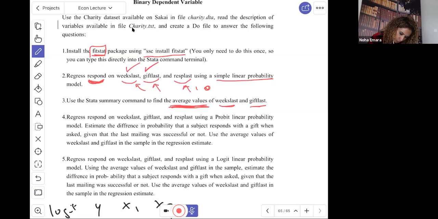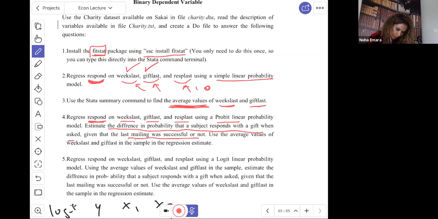Number 4, you're asked to regress your y on x1, x2, x3 using a probit model, not the linear probability model. Once you do the regression, you're asked to estimate the difference in probability that a subject responds with a gift when asked, and this information is very important, given whether the last mailing was successful or not.